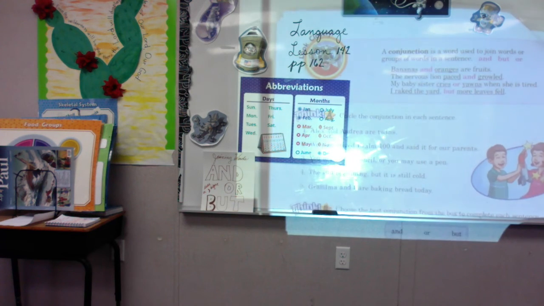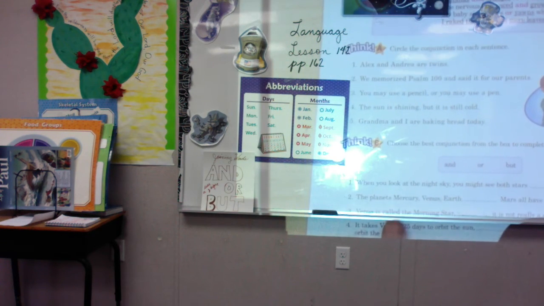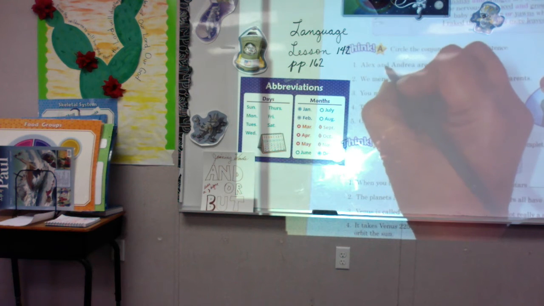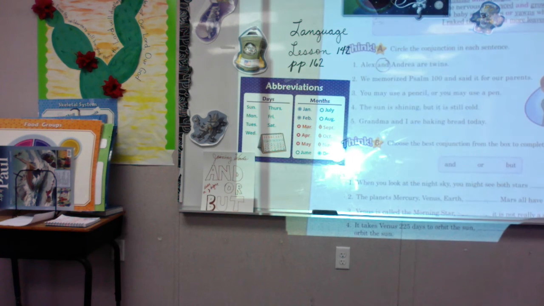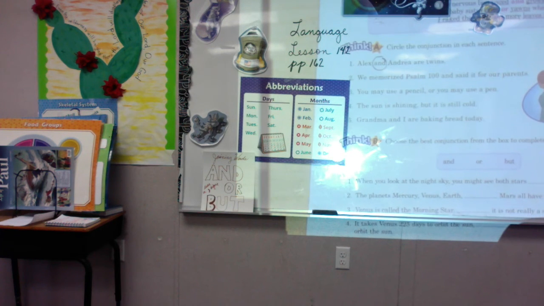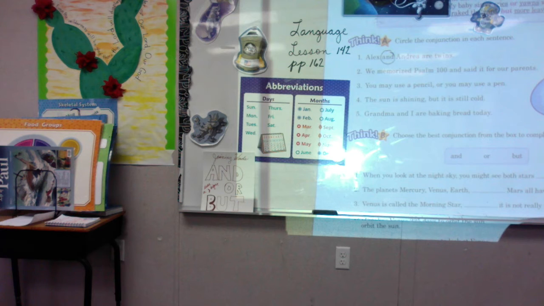Cause and effect, right? Circle the conjunction in each sentence. Beautiful name on that first list. Sentence, Andrea. Yes, that's it. And is your conjunction. Alex and Andrea are twins. We memorized Psalms 100 and said it for our parents.